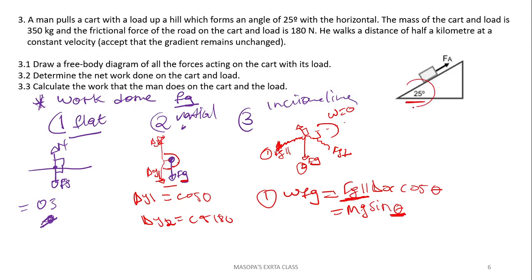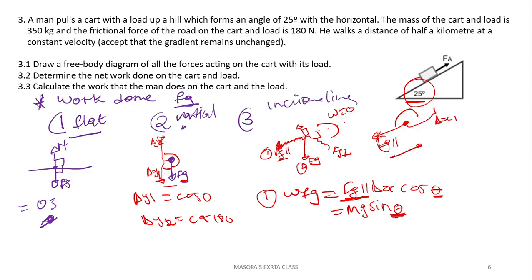This theta is the angle of your incline. Let's see, here they give you 25, so you're going to use 25 degrees as the angle of the incline. And this other angle is the angle between your Fg and your delta x. So let's say the Fg parallel is facing that way, and while the object goes up, the angle you're going to use is 180.